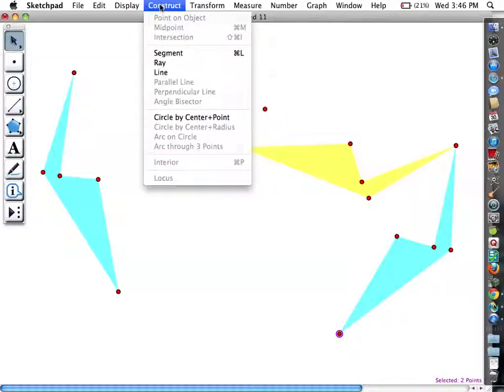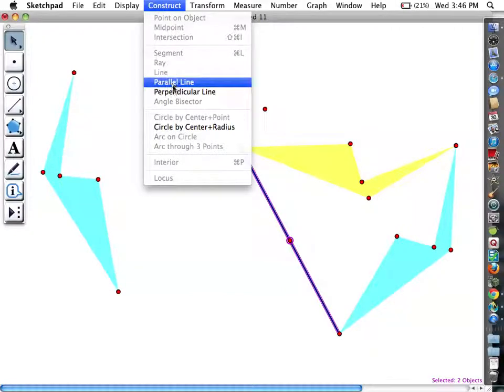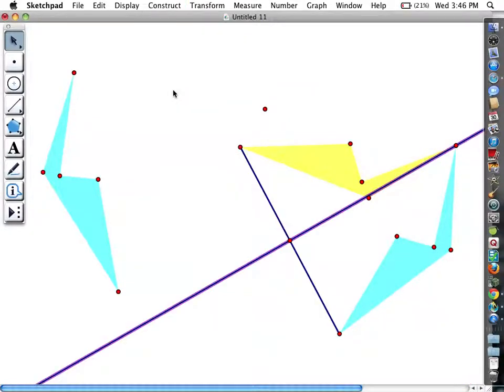And I'm going to do the same thing. Construct a segment between them, construct the midpoint of that segment, and then have a perpendicular at the midpoint. Okay, so this is my second reflection line. And again, I'm going to reflect the entire interior and all points on the vertices.